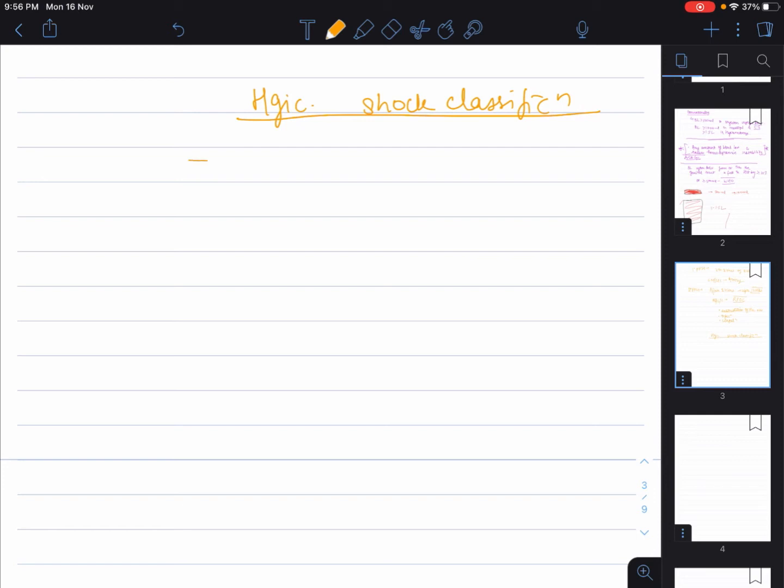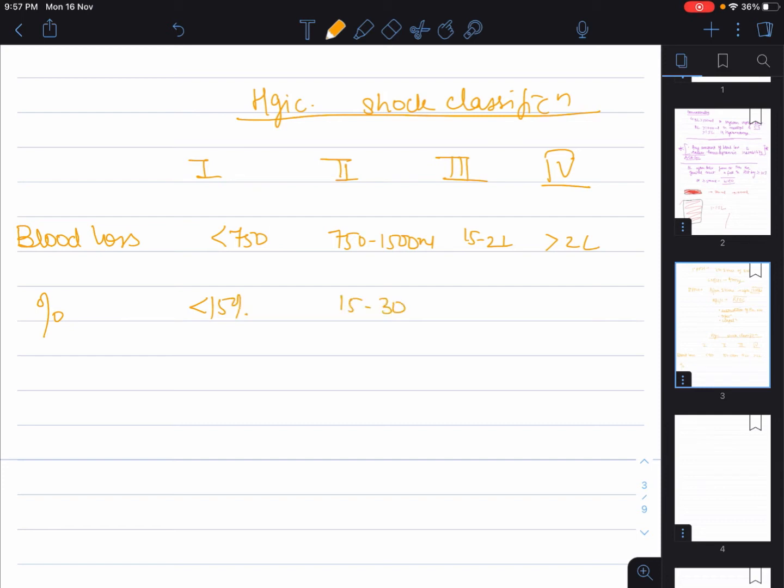We divide it into 4 classes, and to simplify it, we will take different values to classify it. That is the blood loss: less than 750 ml, 750 to 1500 ml, 1.5 to 2 liters, and more than 2 liters. Then in percentage, it is less than 15%, 15 to 30, 30 to 40, and more than 40.